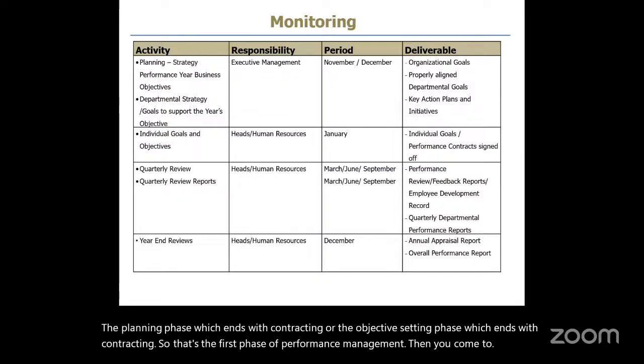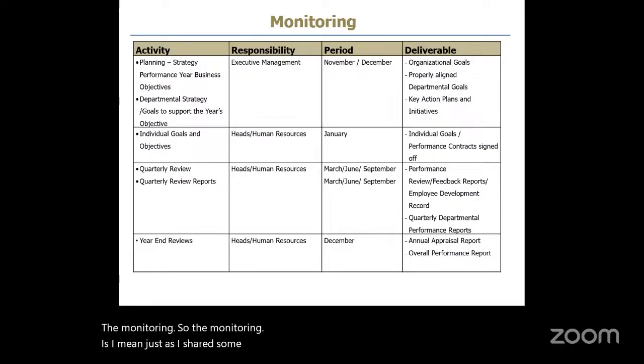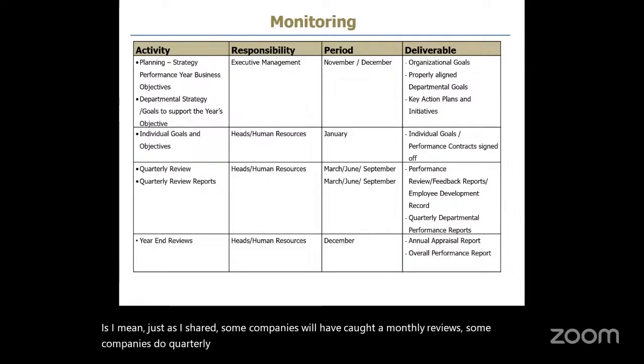So the monitoring is, just as I shared, some companies will have monthly reviews. Some companies do quarterly reviews. And both the employee and the supervisor are responsible for ensuring that such reviews occur.